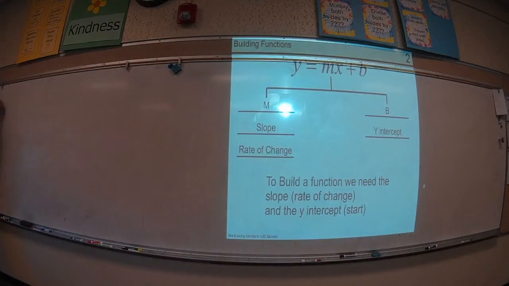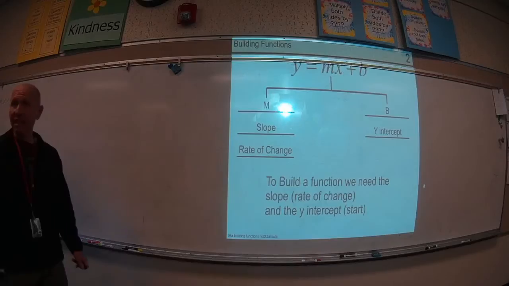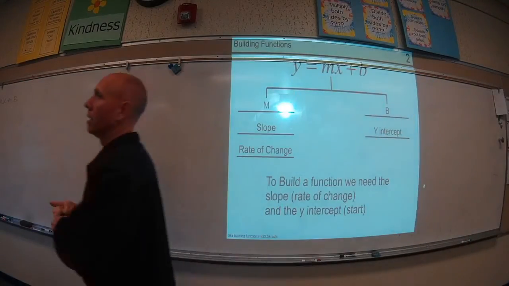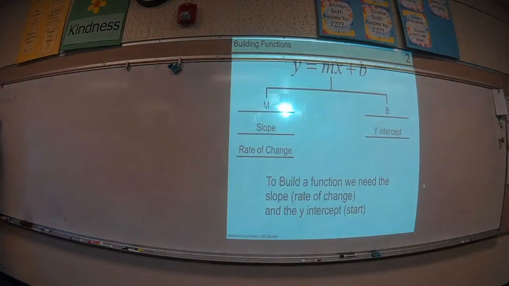Okay. The two things we need. Y equals mx plus b. If we have the slope and the intercept, we can build the equation. Slope. Y-intercept. I need those two things.